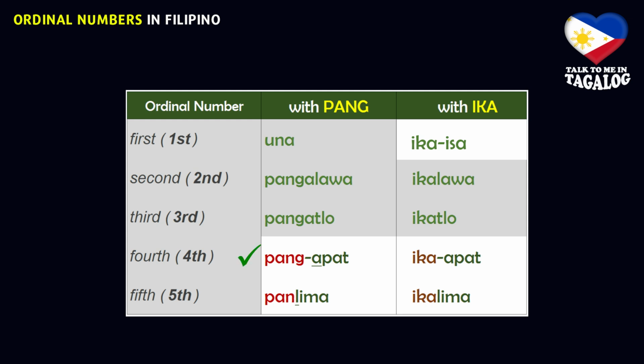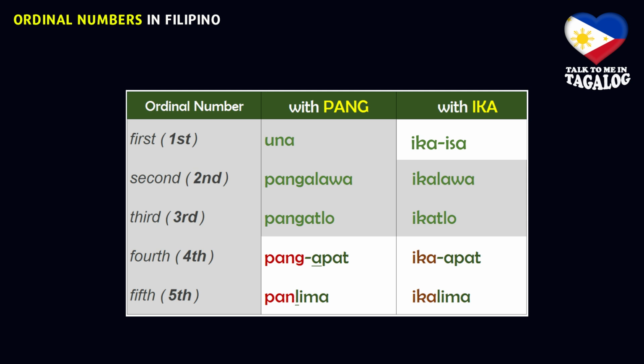Fourth is pang-apat. Remember the rule? Pang plus a vowel, so the prefix pang represents the English suffix th. Do you follow? Again, fourth is pang-apat. Fifth is panlima, pan plus the consonant l, panlima.